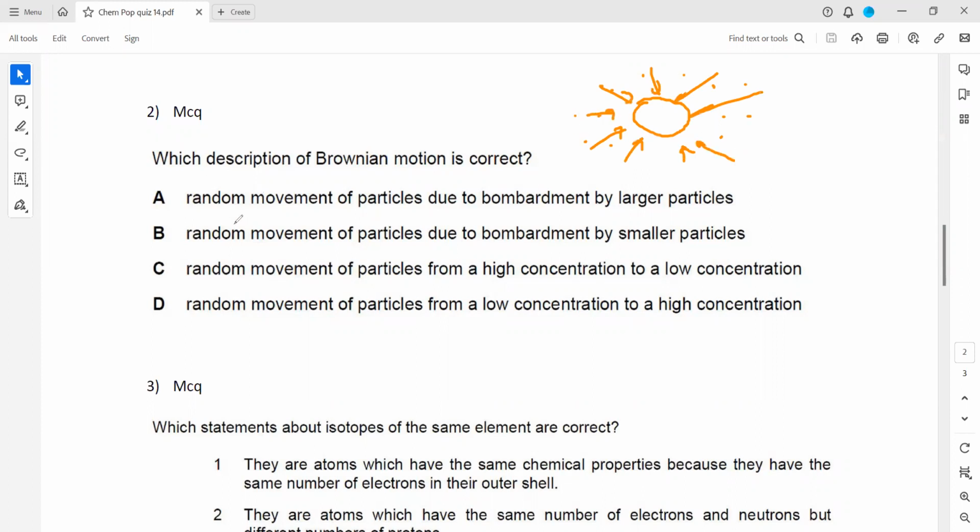So Brownian motion is a random motion of the particle due to bombardment of the large particle. That is wrong. Due to the bombardment of the smaller particle, option B, that is correct. Because when smaller particles bombard or hit the heavy particle, they cause Brownian motion.